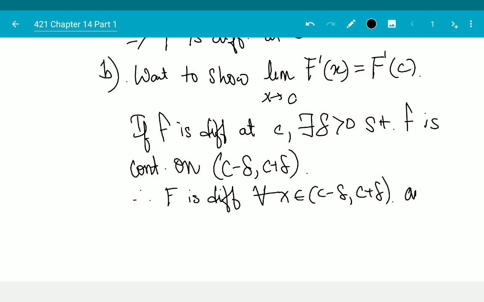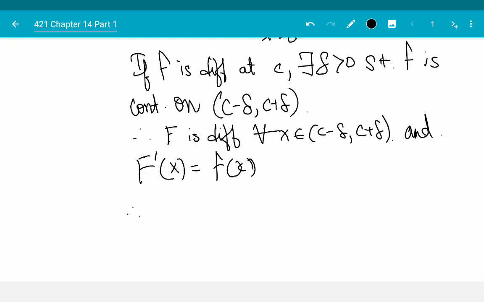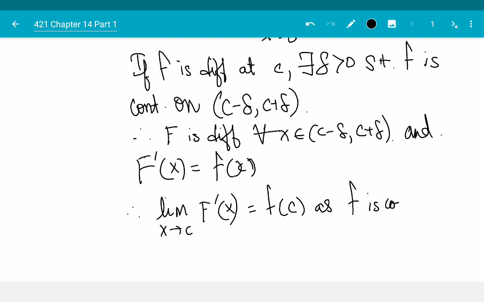And capital F prime of x is equal to small f of x, right? Therefore, in the limit as x goes to c, F prime of x is equal to small f of c, as f is continuous at c. So yes, we do get that it is continuous.